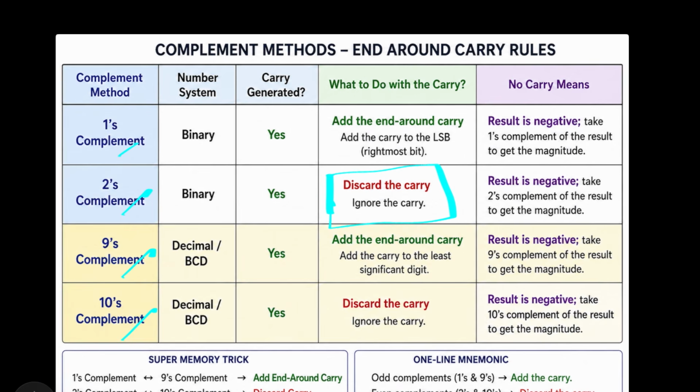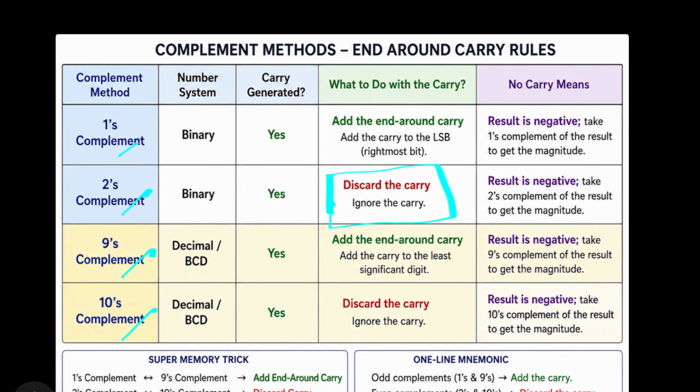So here is an easy trick to remember: 1's complement and 9's complement always have an end-around carry, and 2's complement and 10's complement discard the carry if there is one. So the odd complements, like 9's and 1's: if there is a carry, just add the end-around carry.